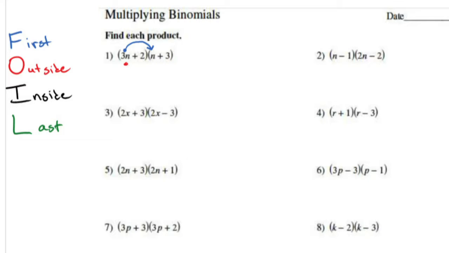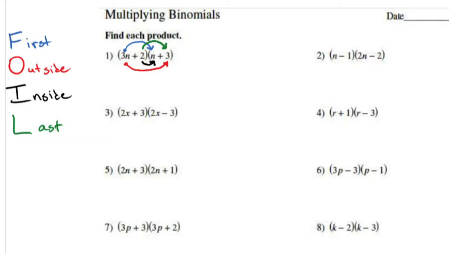So for the first two letters, first and outside, I've multiplied the first term by both terms in the second bracket. And then I have this inside I, which is the two inside things need to be multiplied next. And then the L means last, which is the last thing in both brackets need to be multiplied.